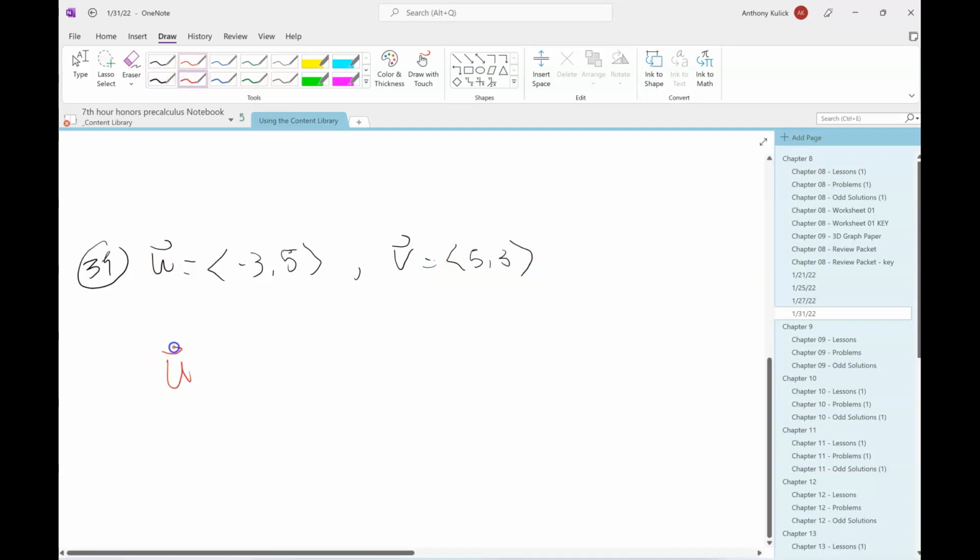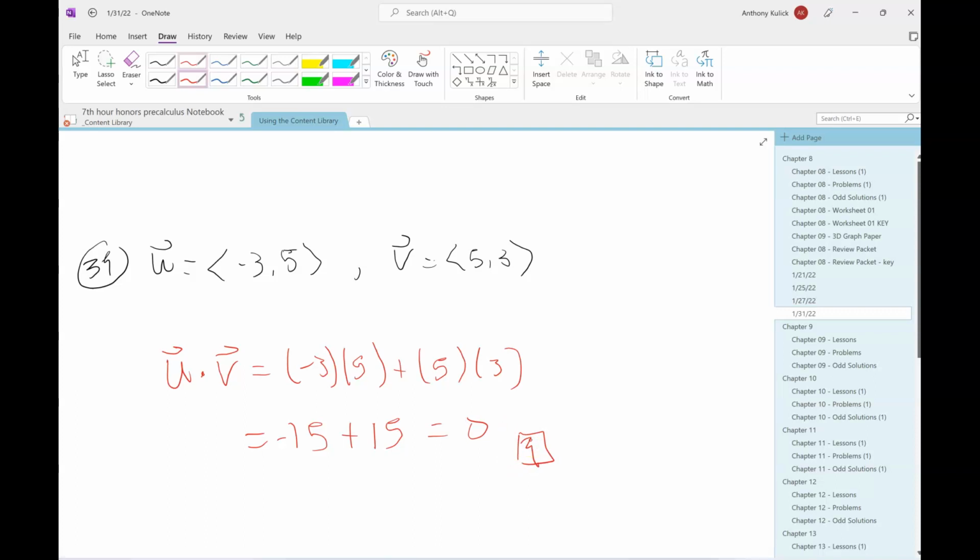So to do that, all we need to do is take their dot product and show that you get 0 from that. And we're done. That's it. If the dot product is 0, the vectors are orthogonal. We had a theorem in our notes, but that's all I'm using to do that.